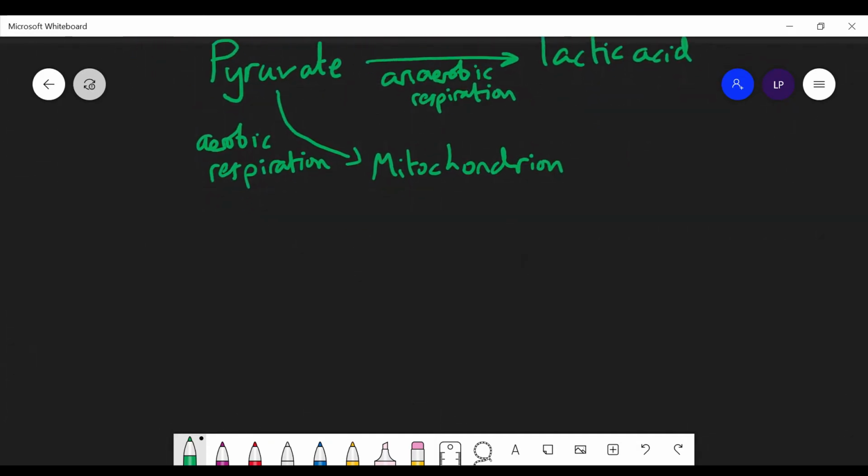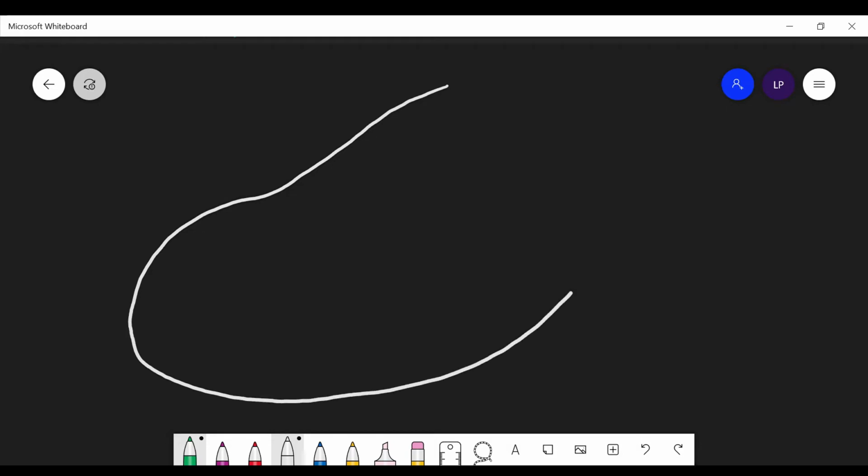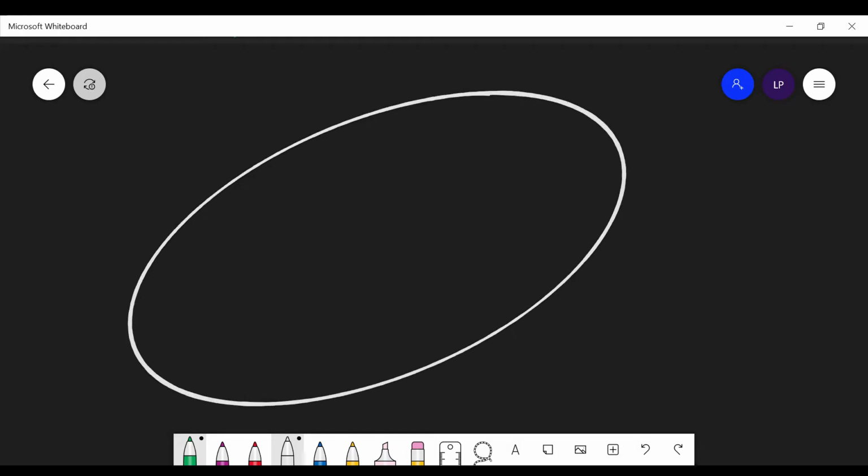So here is a quick diagram of the overall structure of our mitochondria. We can see it has a number of key points that are being illustrated in our diagram.